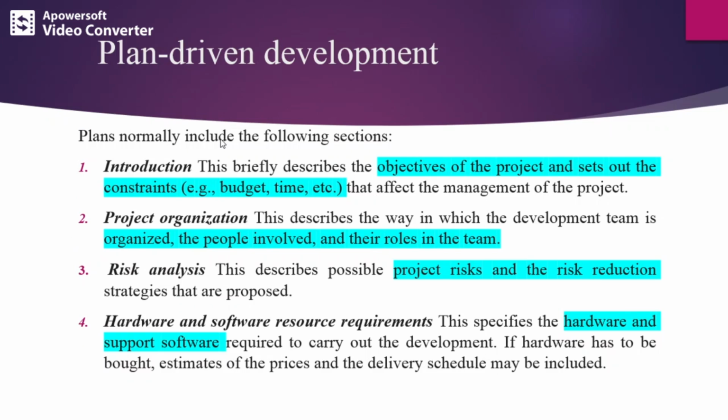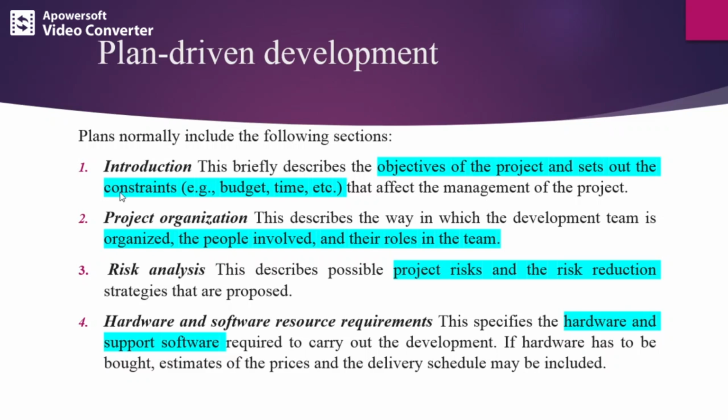Plans normally include the following sections. First one is introduction. What is introduction? This briefly describes the objectives of the project. Here it clearly specifies the objective of the project, the goal of the project, and sets out the constraints. What all constraints are there for your project?